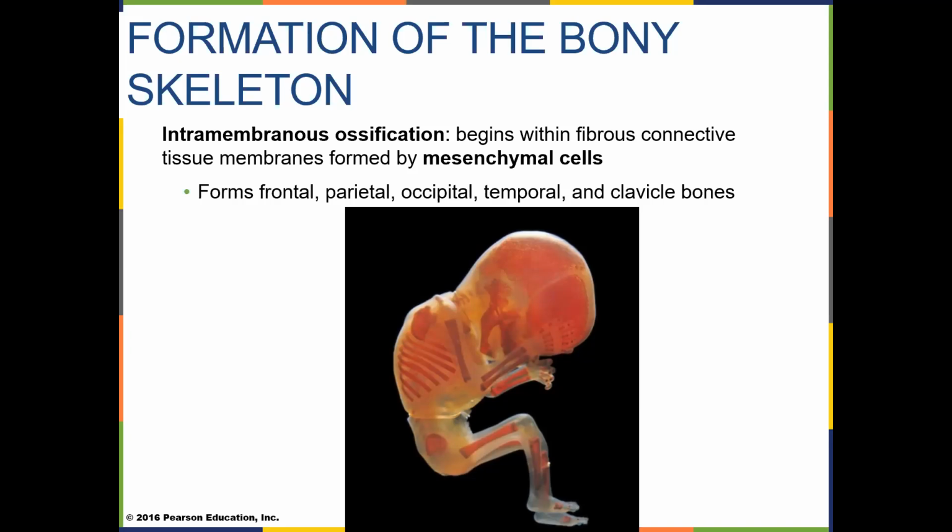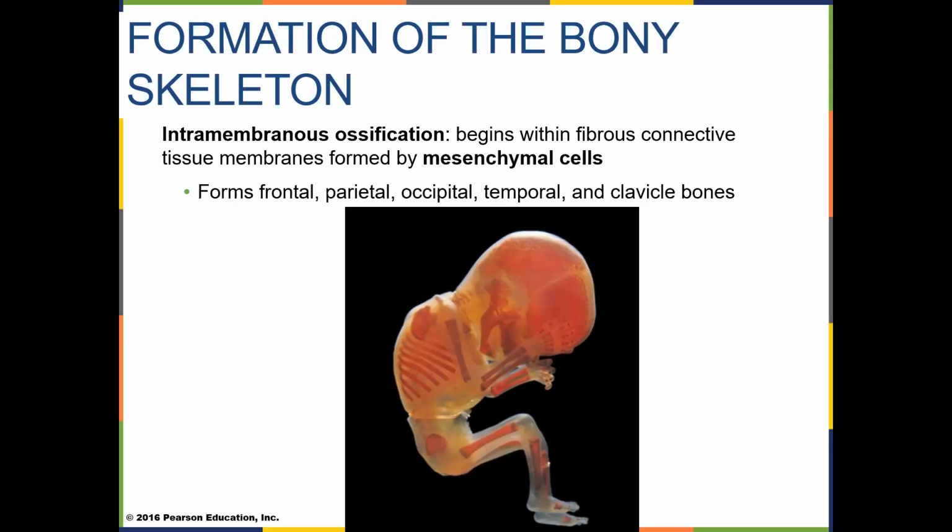But what will happen is that we will lay down ossification centers in these membranes that are covering the brain. The frontal bone, the parietal bone, the occipital and temporal bone are all going to be formed from membranes. The clavicles, go figure. The clavicles are also going to be from membranes. Everything else is going to be hyaline cartilage.